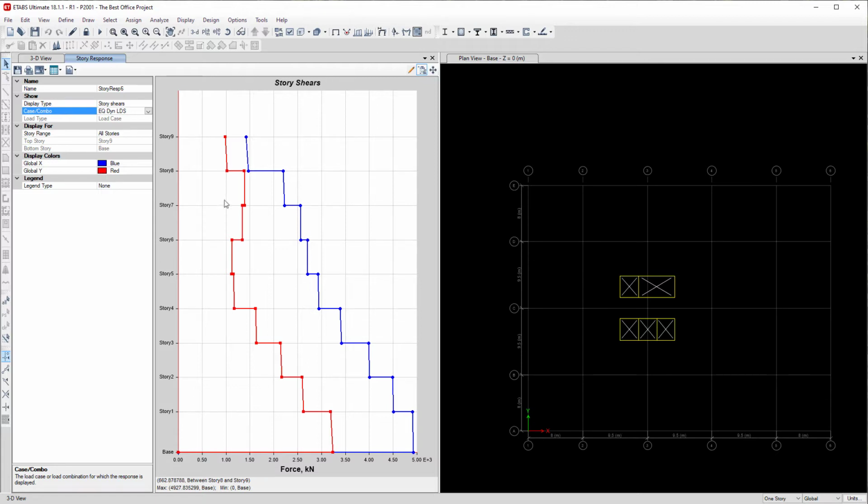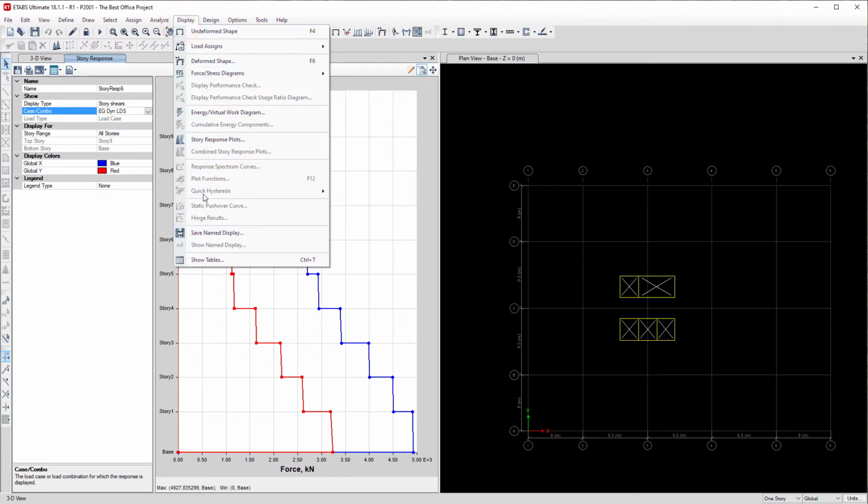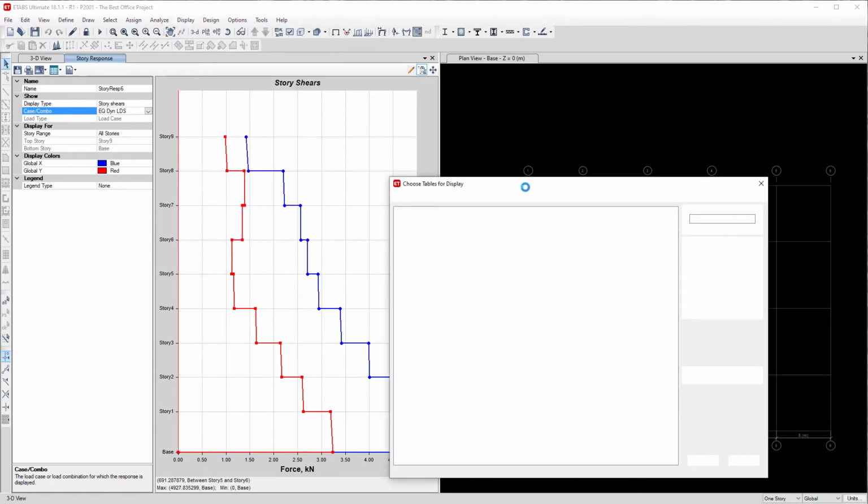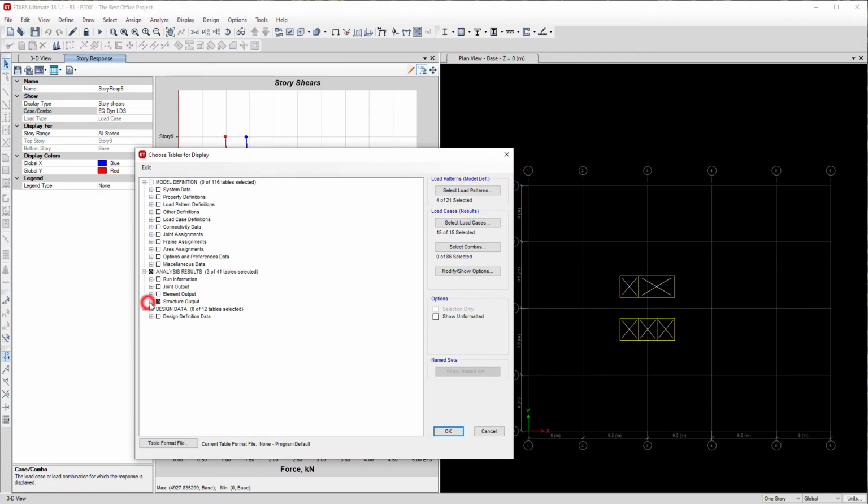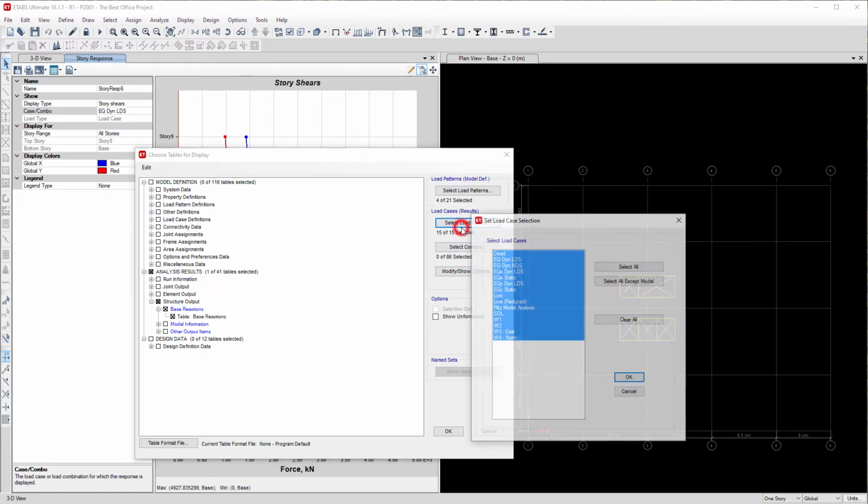So we've had a look at our overturning moments and our shear forces. We can actually compare them. So we can go to the table, and instead of looking at the model results, let's actually look at the base reaction. Let's make sure we select the load cases that we want to look at.